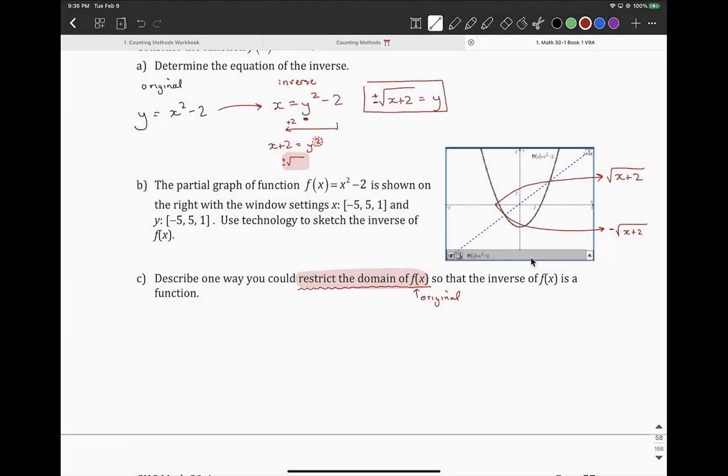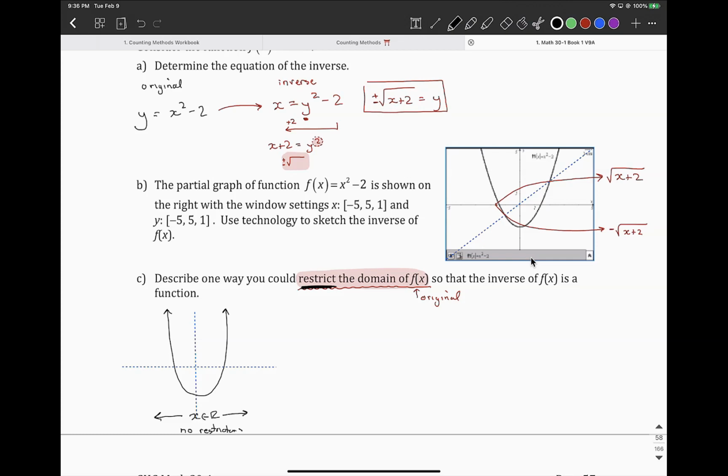What they're hoping we can catch on to here is that at the moment, the original, let me redraw the original, is pretty wide open. We're allowing the original to go forever to the right, forever to the left. So there are no restrictions. They want a restriction, but currently there are none. x element of R is another way of saying that there are no restrictions.